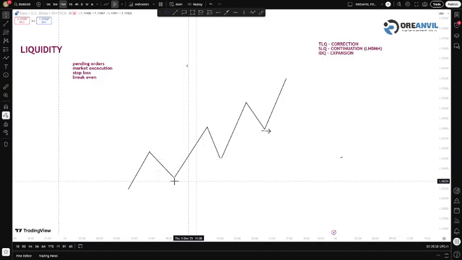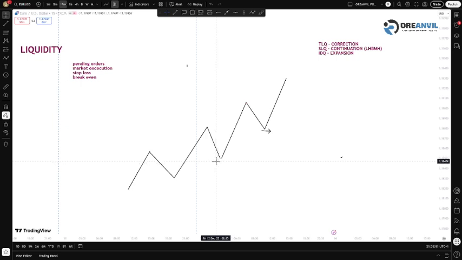This is our structural liquidity here, and we have our inducement liquidity here. So there's something in this middle. There's something here. We won't pay attention to it, even if there's liquidity there. We won't pay attention to it.